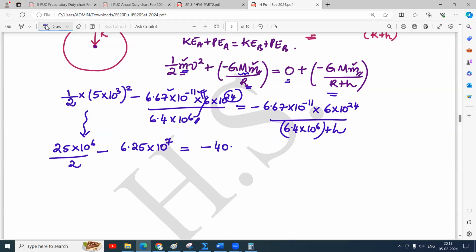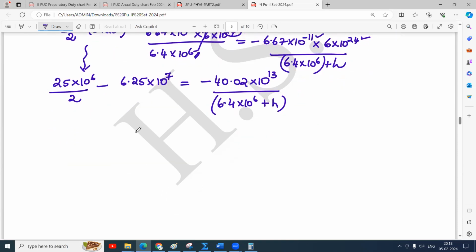Minus 40.02 into 10 to the power minus 11 plus 24, which is 13, divided by 6.4 into 10 to the power 6 plus H. This is the first step.